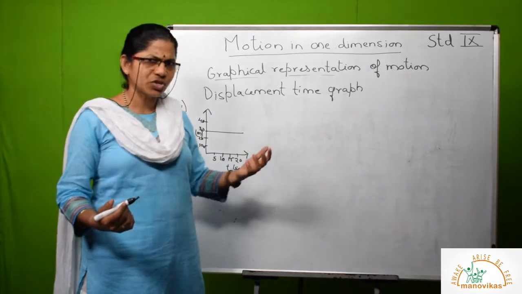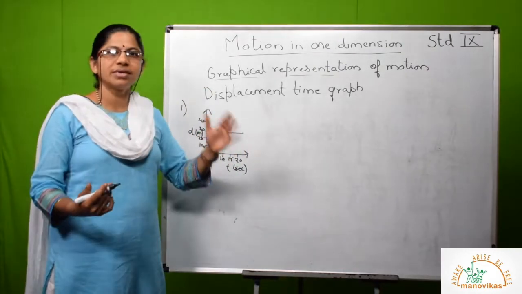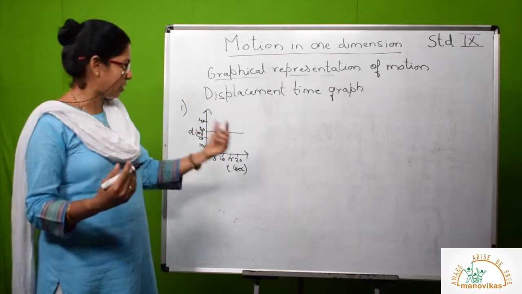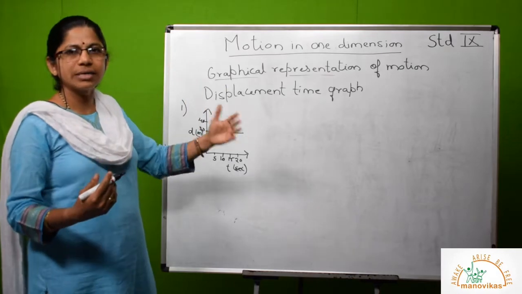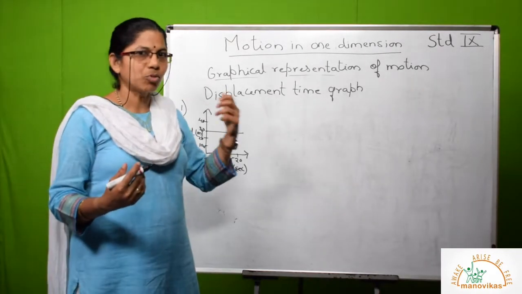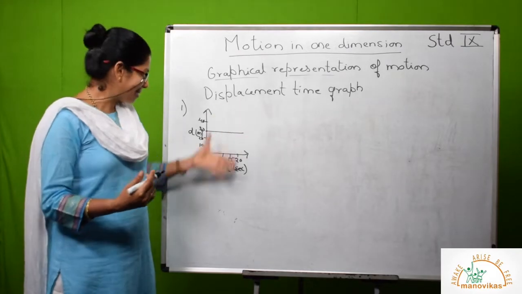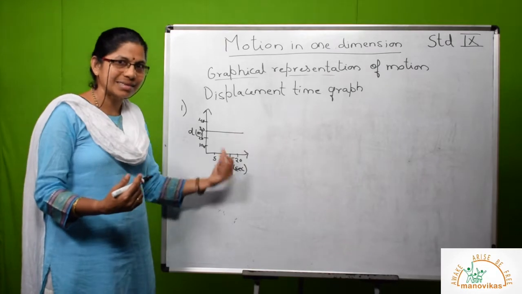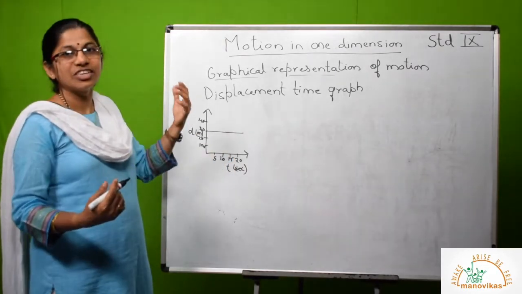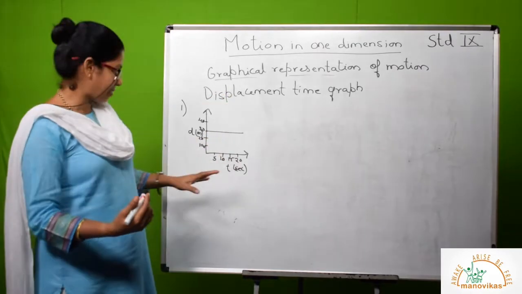So what information do you get from here? In fact, the object is not moving at all. Even after 20 seconds the object is at 30 meters from the starting point. So the information that you get from this displacement time graph, which is parallel to the time axis, is that the object is stationary.